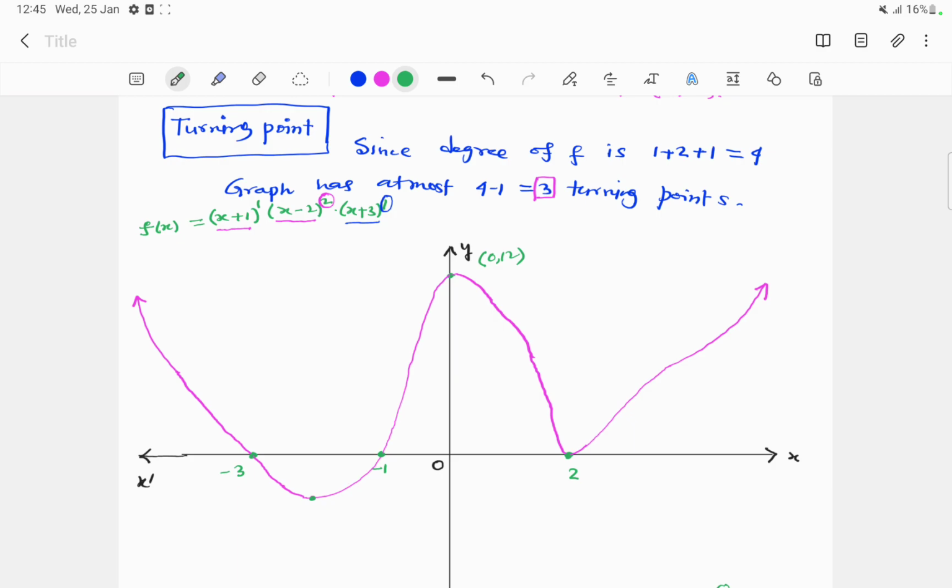That's the idea. Now if you want an accurate graph, you have to use more information from calculus, like the derivative, the saddle point, concave up, concave down, which we see in the calculus course. But here we are just doing pre-calculus, so this is enough. So this is how you draw the graph of the polynomial function.